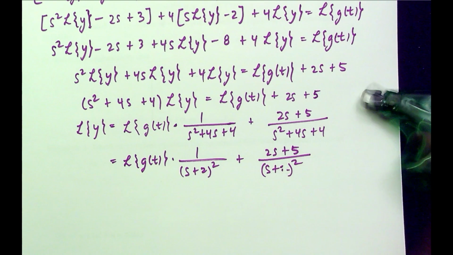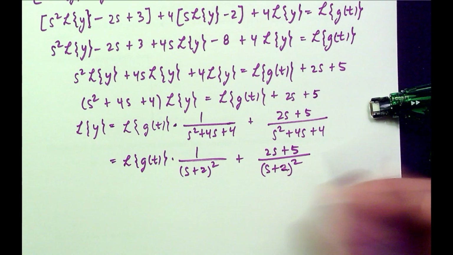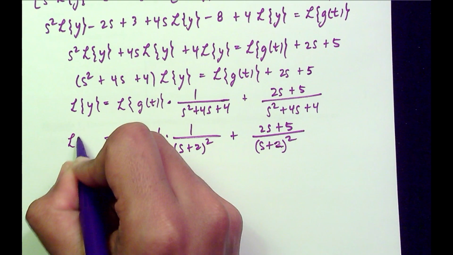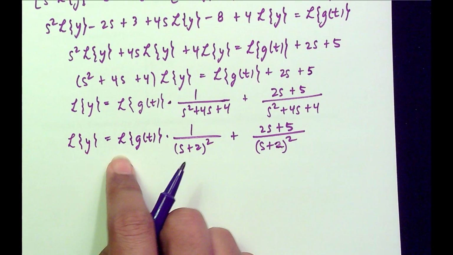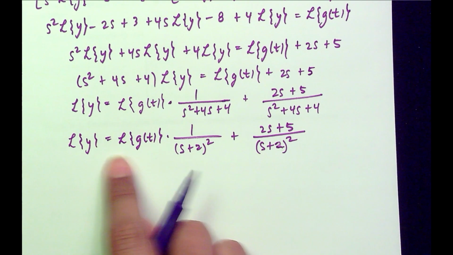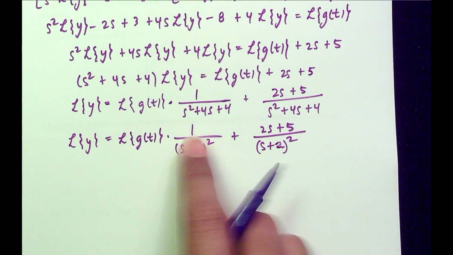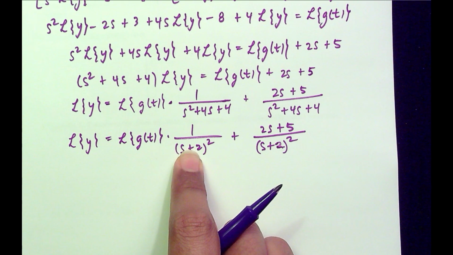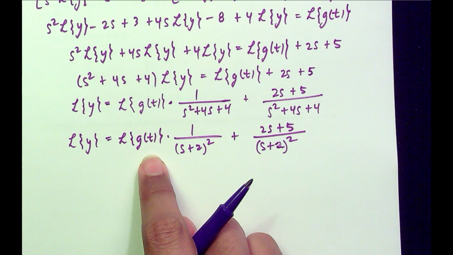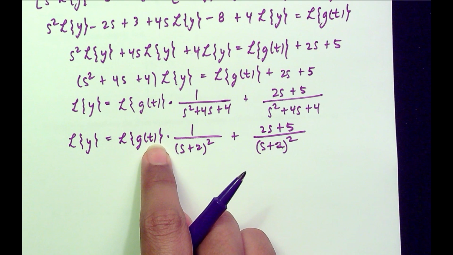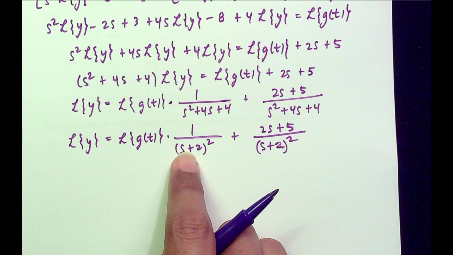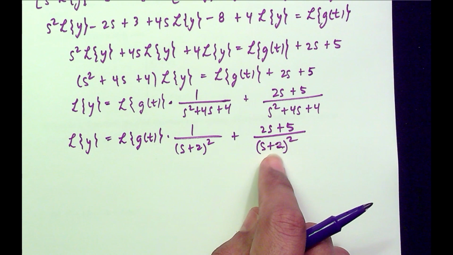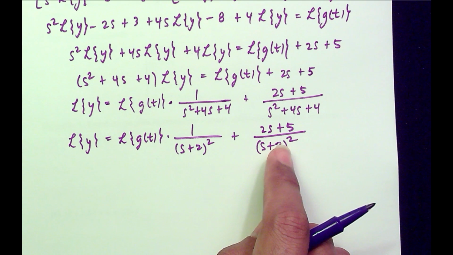Now it's time to invert, so we can figure out what y is. y is just the Laplace inverse of that. Now, the Laplace inverse of this is a product, so it's just going to be the convolution of the Laplace inverse of this one, which is g, with the Laplace inverse of this one. And the Laplace inverse of this one is just a rational function, so we can use the methods we have learned before to tackle it.